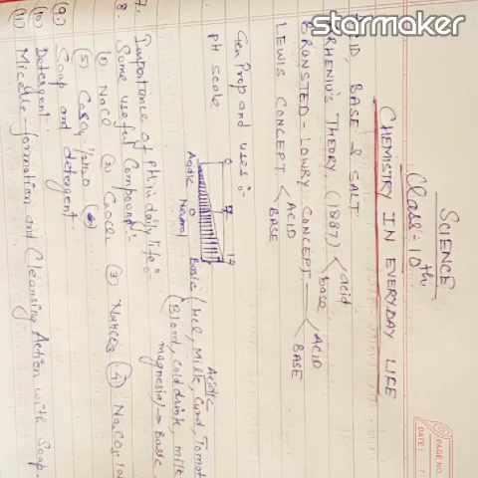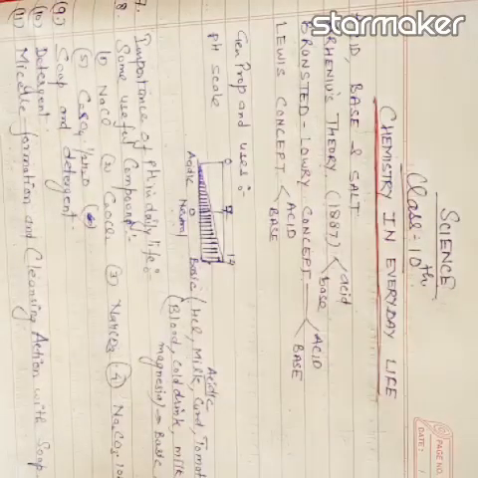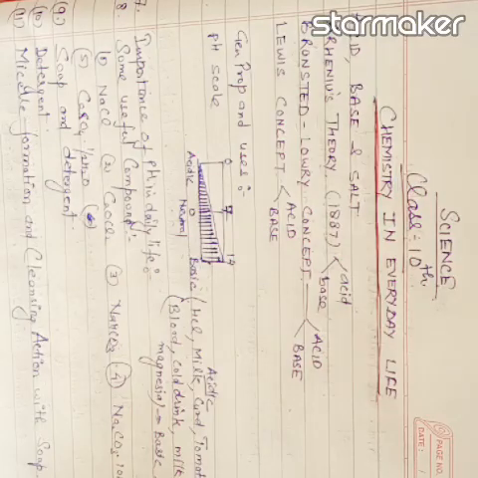So, first of all, the basic point is what is acid, what is base, and what is salt. The root word of acid is acidus. It's a Latin word, and the meaning is sour.